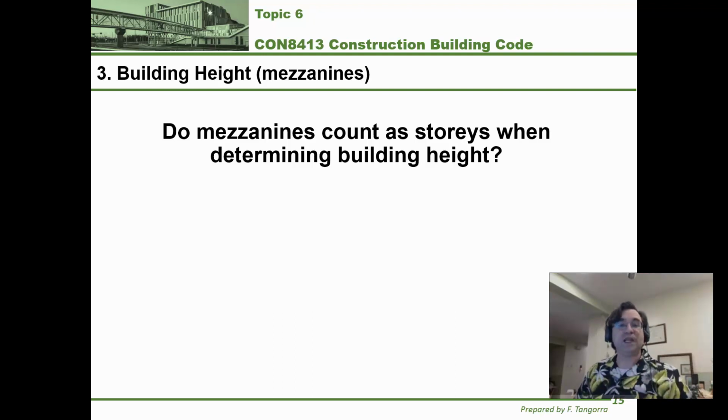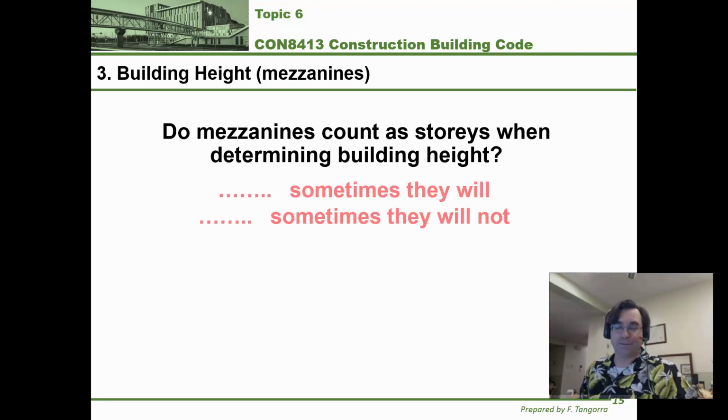Okay, and if you're at the ground floor, you can look up and see the second floor, which doesn't cover the whole of the first floor, right? Because it has those study pods, right? And parts of the hallway don't cover the whole of the floor below it. So that's considered a mezzanine. The question is, do mezzanines count as stories when determining building height? Sometimes they do and sometimes they don't.